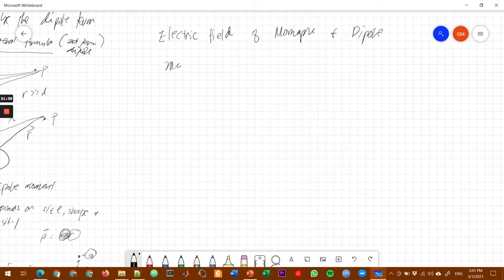So for the monopole term, you have your potential given as total charge over R. To get the electric field for the monopole, if you can recall, we have the negative del V. Given the potential, you can take the gradient, and then we can extract the electric field.